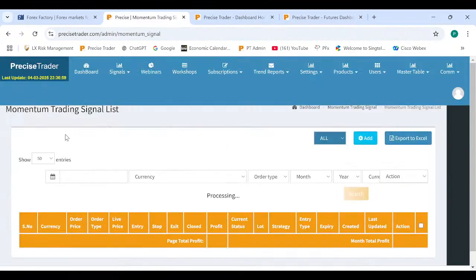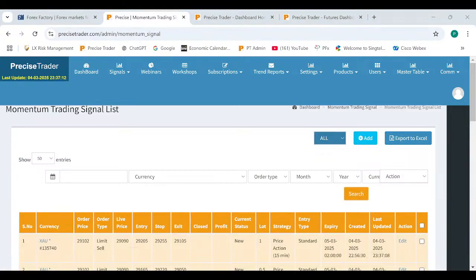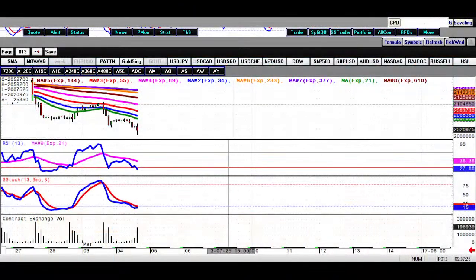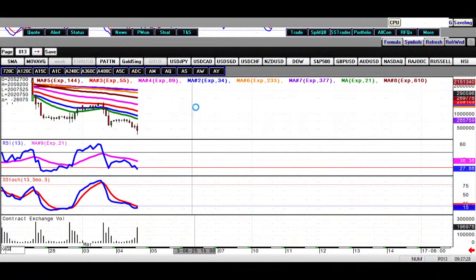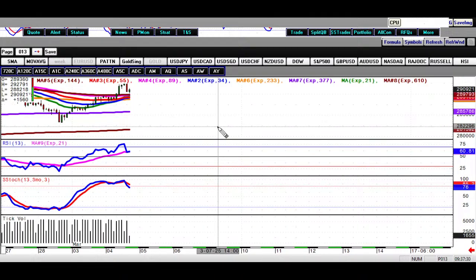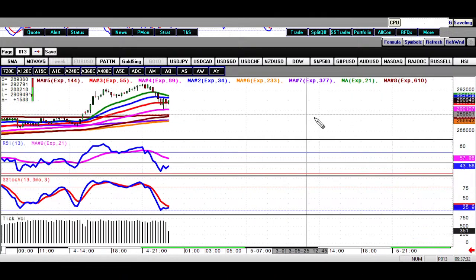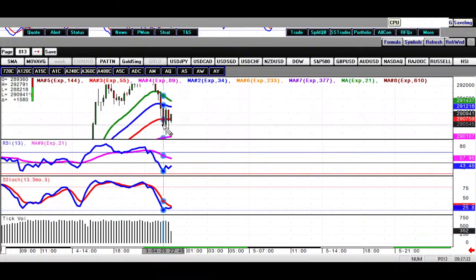See, I told you earlier on, if you are selling gold, we can play the game by this 15 minutes, because right now this market is consolidating within the 15 minutes.